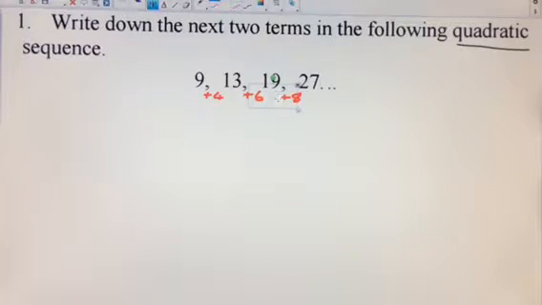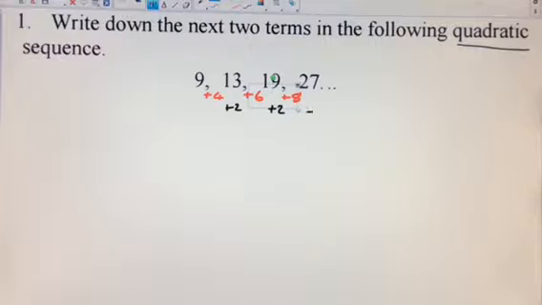So I know it's not arithmetic, because if it was, these 3 would be the same, but they aren't. So what I look at again then is the second line of differences. My second line of differences here is 2, and then another plus 2. So from 4 to 6 is 2, from 6 to 8 is 2.